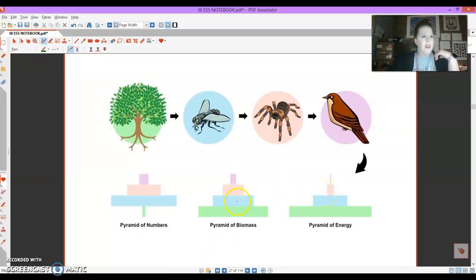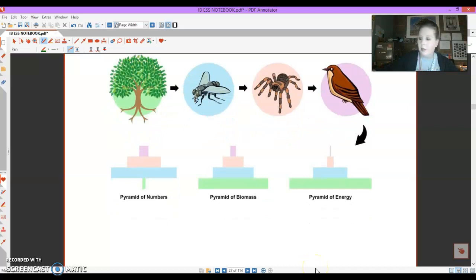So the pyramid of energy is basically showing how energy moves between different trophic levels. And energy is lost as it progresses up the food chain. So the pyramid of energy shows the flow of energy. So let's write the definition for this. I'm going to move this up. All right. Right here.